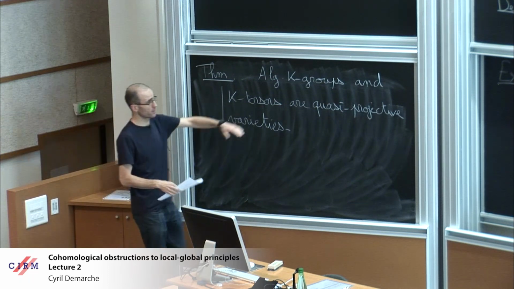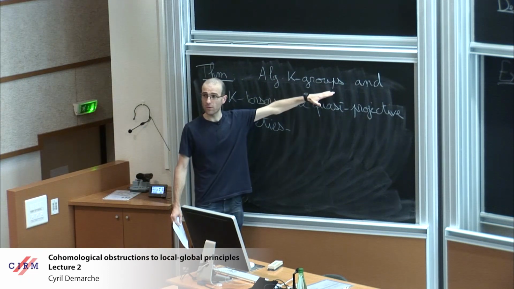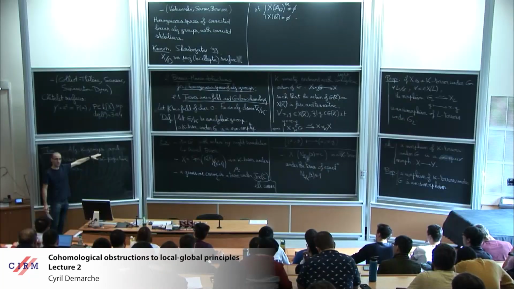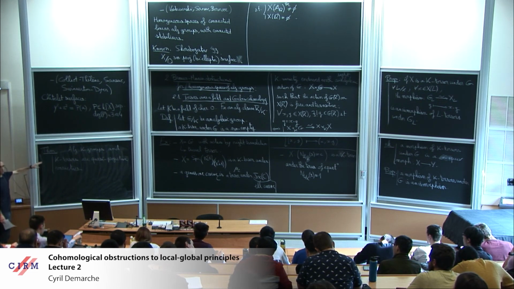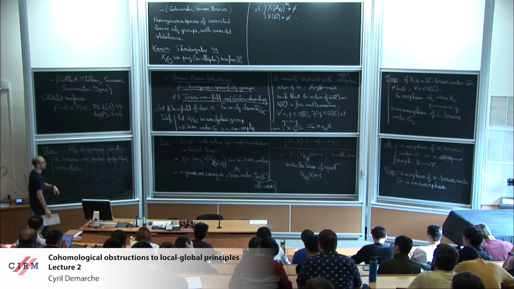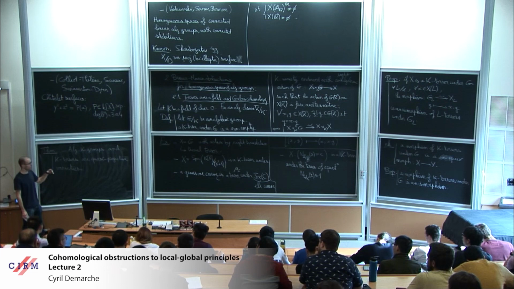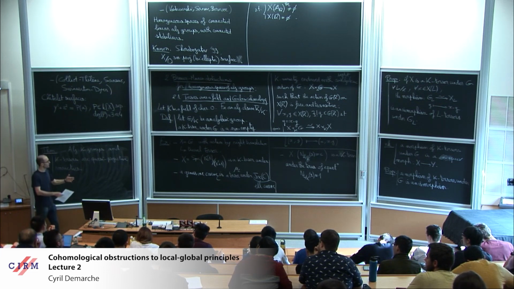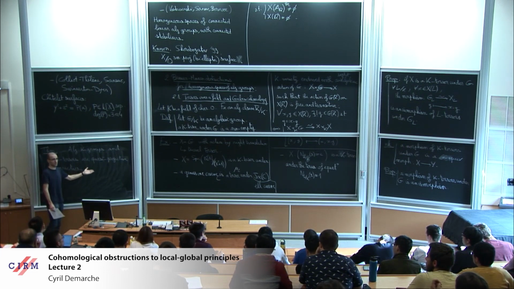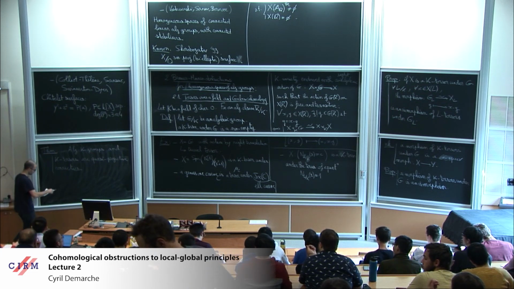For the case of groups, this is a consequence of a theorem by Chevalley that says that a connected algebraic group is always an extension of an abelian variety by a linear, which means affine, algebraic group. Maybe I will state the theorem later on. This will be interesting because we will be able to apply Galois descent to this kind of varieties.